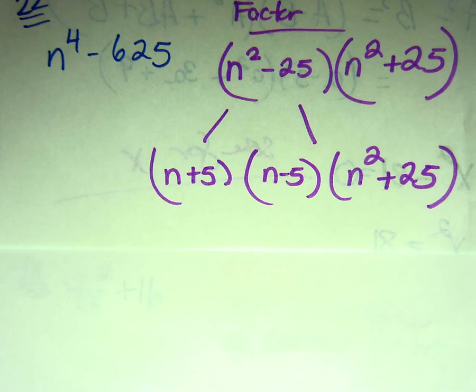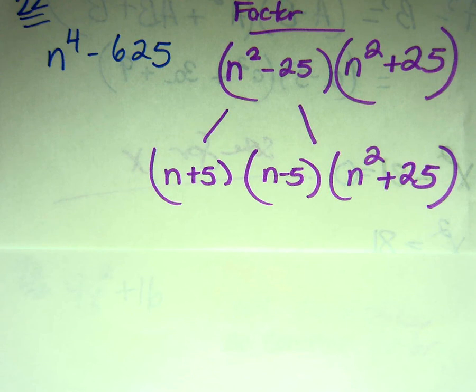This one, I just brought it on down. The reason why I cannot factor this is it's not factorable. If I had 2 positive 5s right here, I would have had n squared plus 10n plus 25. Well, I don't have a middle term right here. So this cannot be factored at all. But this one can be factored because I see my 2 n's. So here's an n, there's an n.